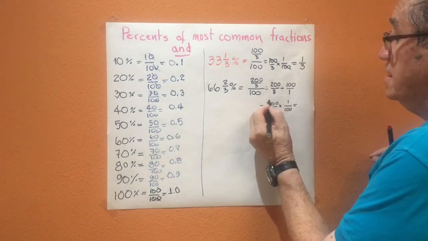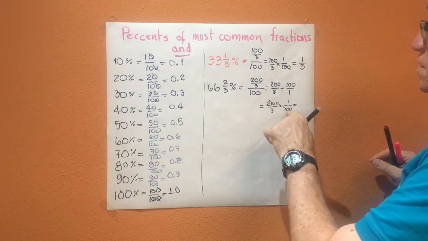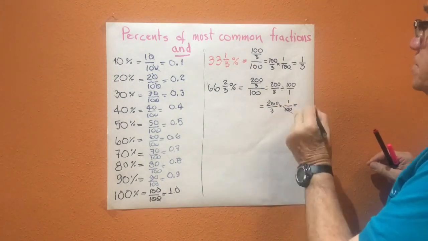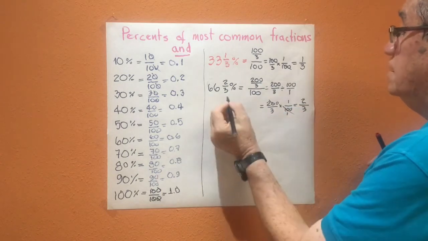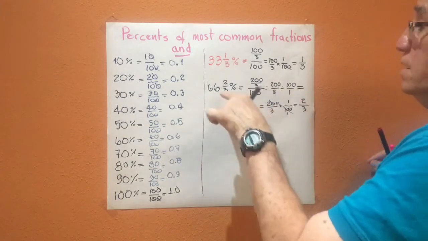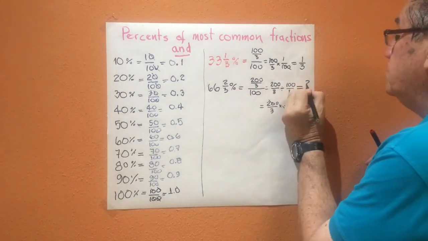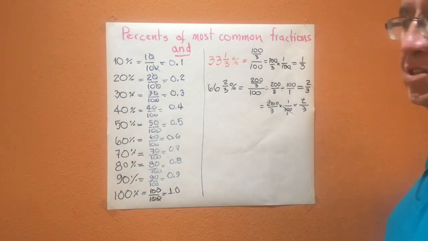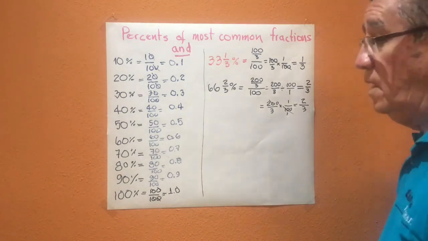Now I can cancel out, and these two zeros are out from these two zeros. 2 times 1 is 2, and 3 times 1 is 3. So the answer of 66 2/3% is equal to 2/3. And I can change this into a very simple decimal if I want to.